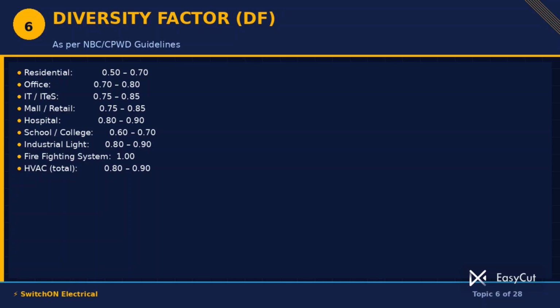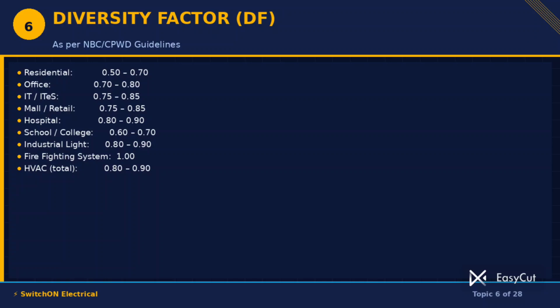If it is 2, that means demand load is half of the connected load, that is 50%. If it is 4, it is 25%. So it will be like that.